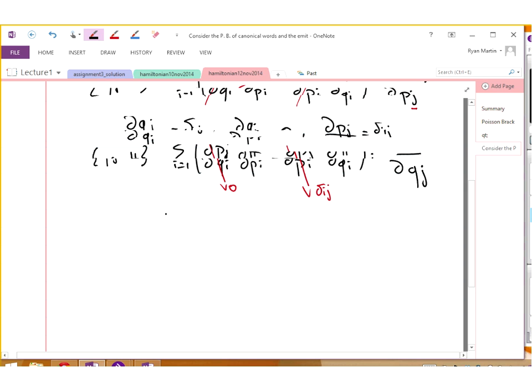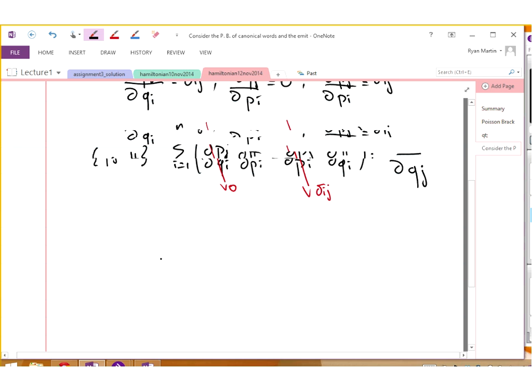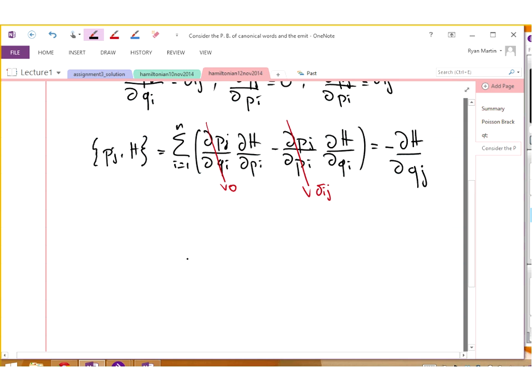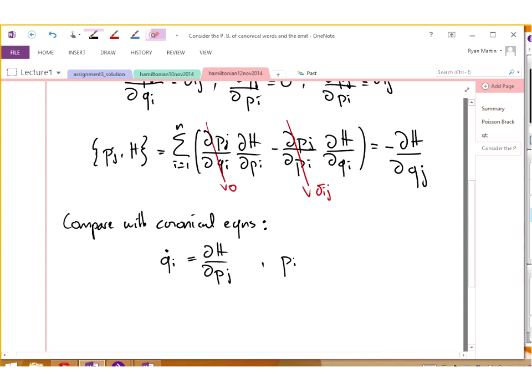Now compare this with the canonical equations. So the canonical equations, remember, are that Qi dot is equal to ∂H/∂Pi, and Pi dot is equal to minus ∂H/∂Qi.